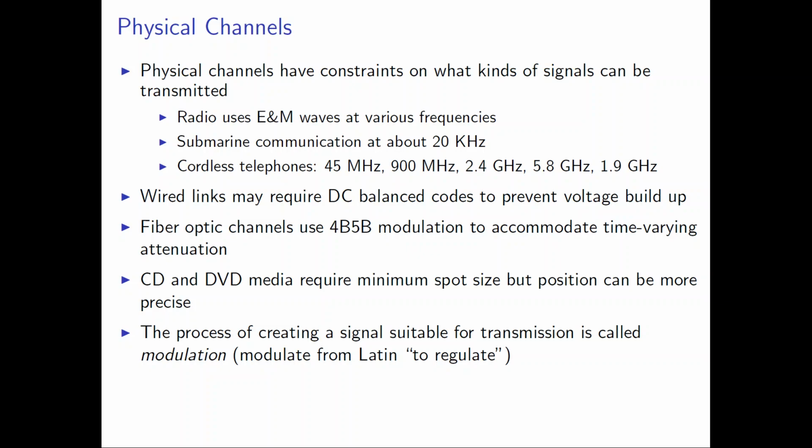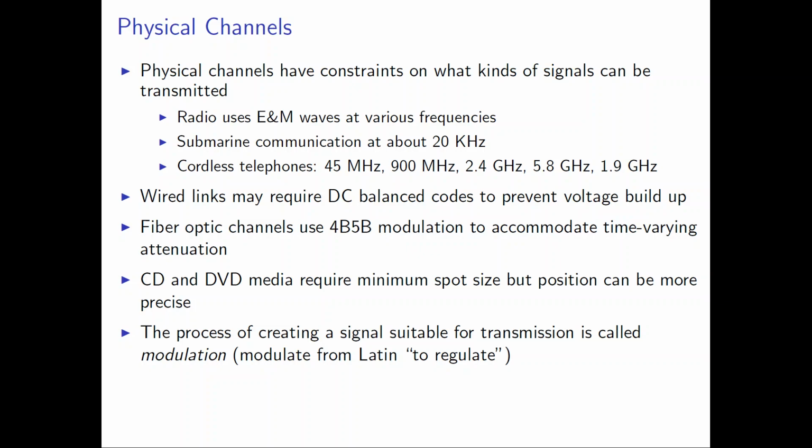In fiber, we have time varying attenuation. The channel changes within the duration of your symbol. Within the duration of your message, the channel changes. And this will affect your data. You cannot recognize it easily at the receiver. To avoid this problem, what do you do? You use a modulation scheme that's suitable to solve this problem.